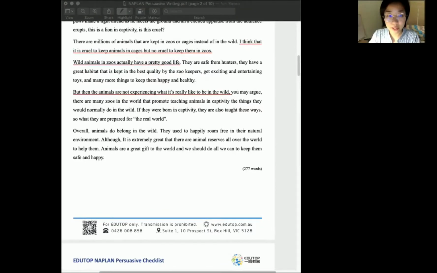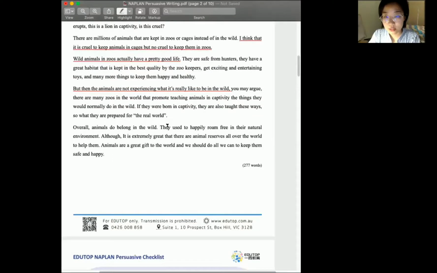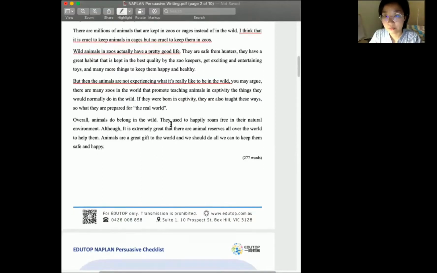You refer back to the opinion that it's cruel to keep animals in cages. So it says, overall, animals do belong in the wild. So it leans more towards the wild side, not preferring animals to be in cages.